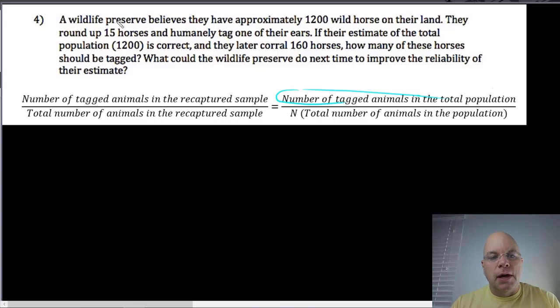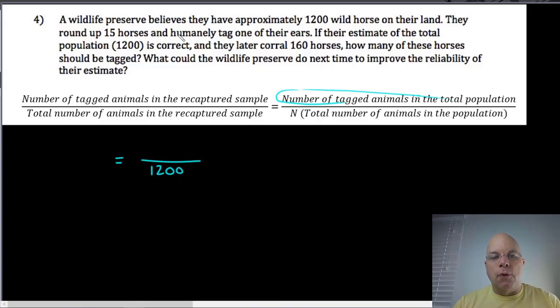So let's read it. A wildlife preserve believes they have approximately 1,200 wild horses on their land. So they believe their total population is 1,200. I'm actually going to start setting up the proportion right now. They believe the total number of animals in their population is 1,200. So that's actually the number that we're usually solving for.